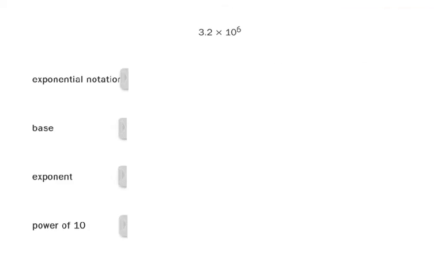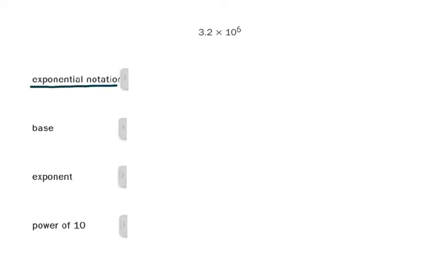As I said earlier, today we're going to be learning how to multiply and divide decimals by powers of 10. Here we have 3.2, or 3 and 2 tenths, times 10 to the 6th power.